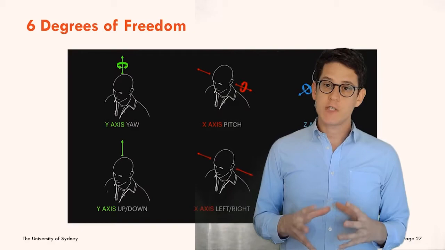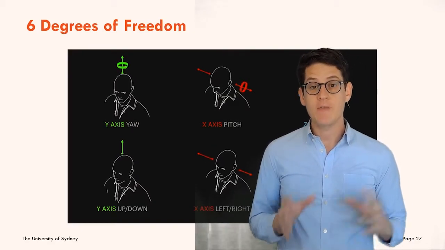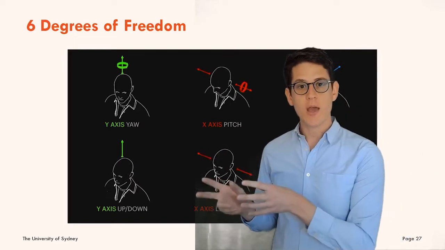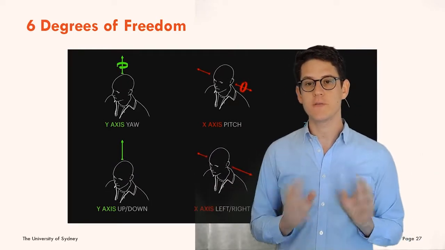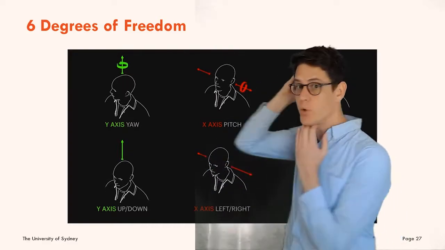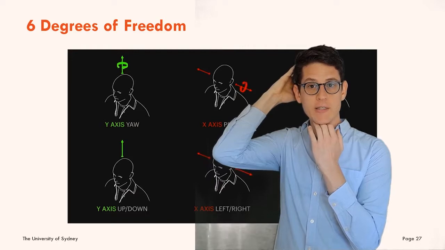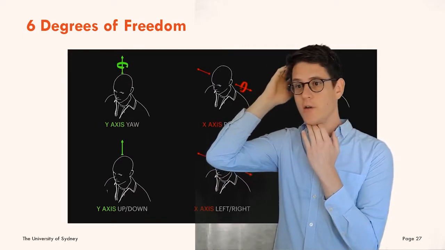One of the main concepts for understanding virtual reality, and the difference between a device like Google Cardboard and the Oculus Quest, is the idea of 6 degrees of freedom, which I'm going to model for you with my head. The first is yaw on the y-axis, the ability to turn left and right.